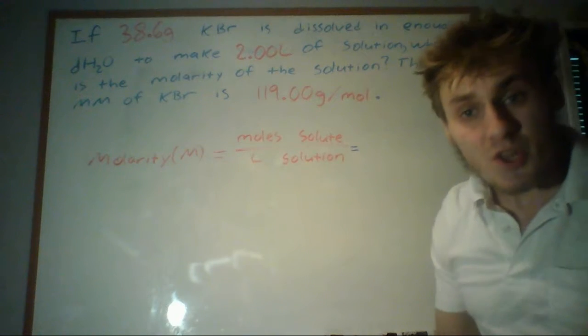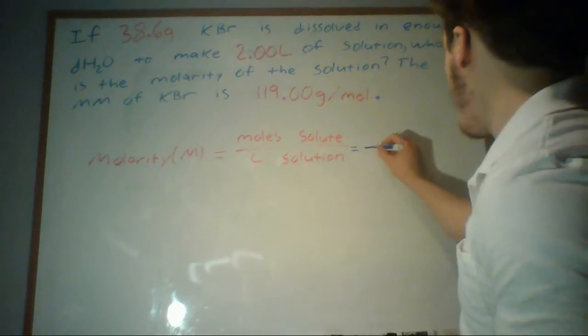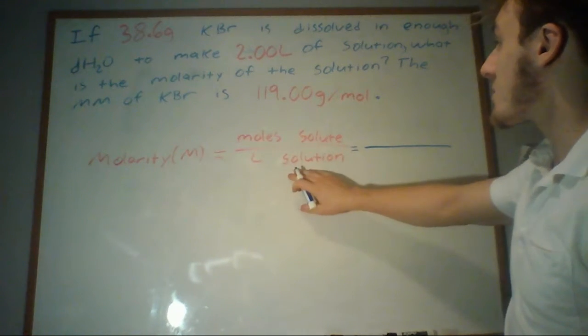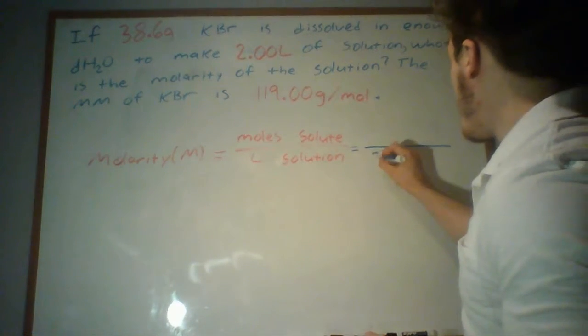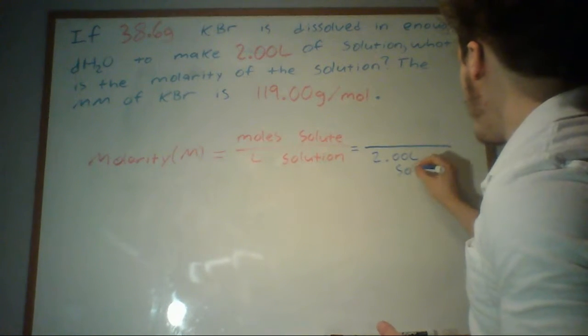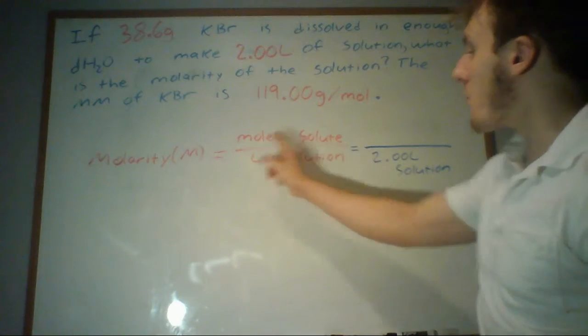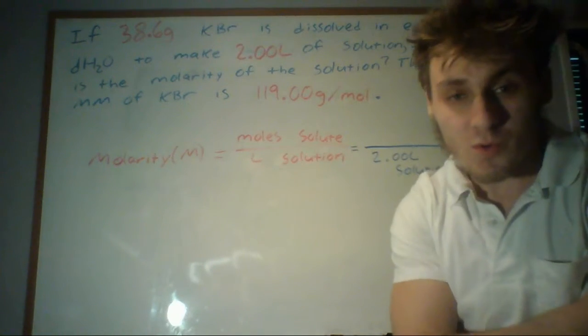And since we know the liters of solution, I'm going to go ahead and write that value in. We know that the liters of solution is going to be 2.00 liters of solution.